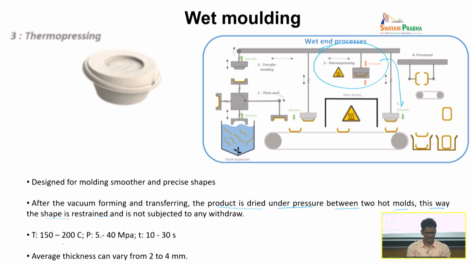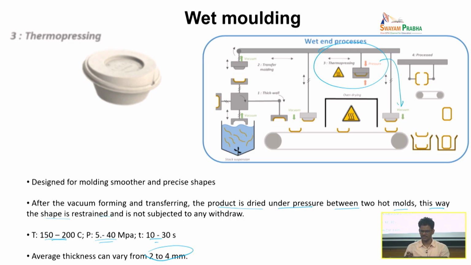Typically the temperature in this thermopressing would be roughly about 150 to 200. Again, we are talking only about cellulose. Typically pressure goes from 5 to 40 megapascal. The holding time in the mold is roughly between 10 to 30 seconds. You can go to 2 millimeter and around that to make it a stable product here.